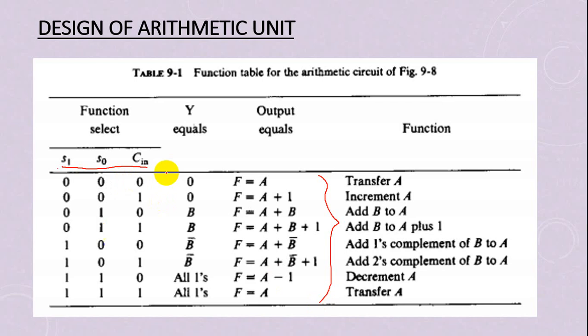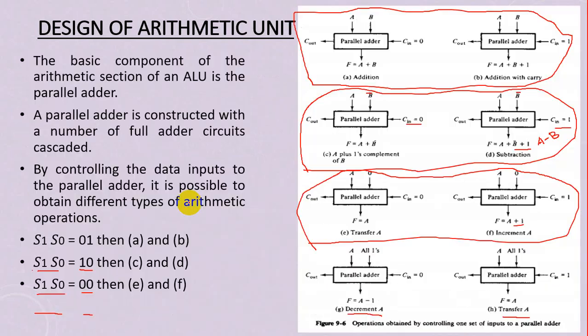We have modified B. So we give a new name to this modified B, called Y. Y equal to modified B depending on the selection pin. When the selection pin is 0, 0, 0, we will modify B to 0. That is Y. When the selection pin is 0, 0, 1, B will be 0. That comes from the previous table over here.